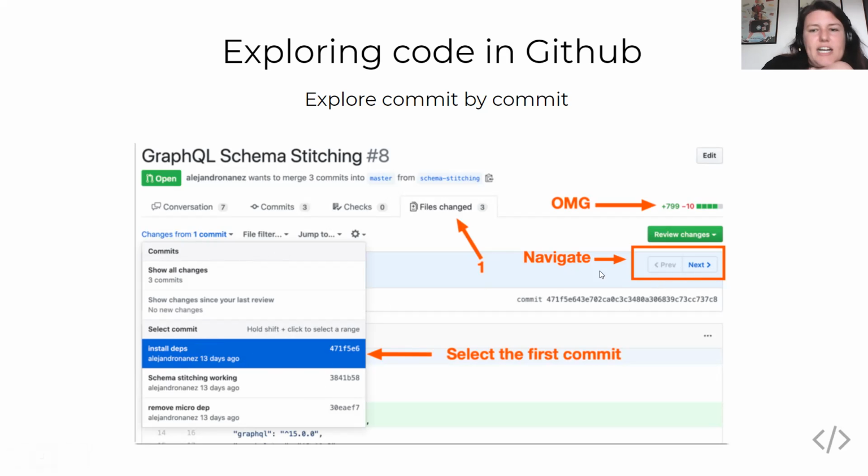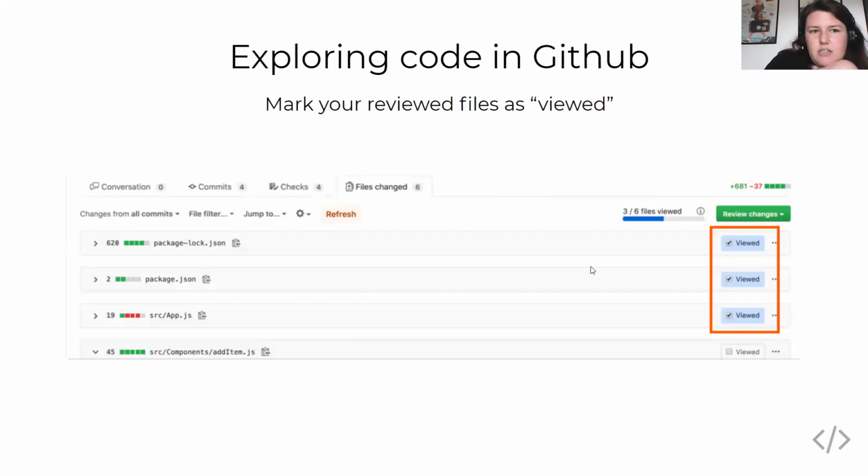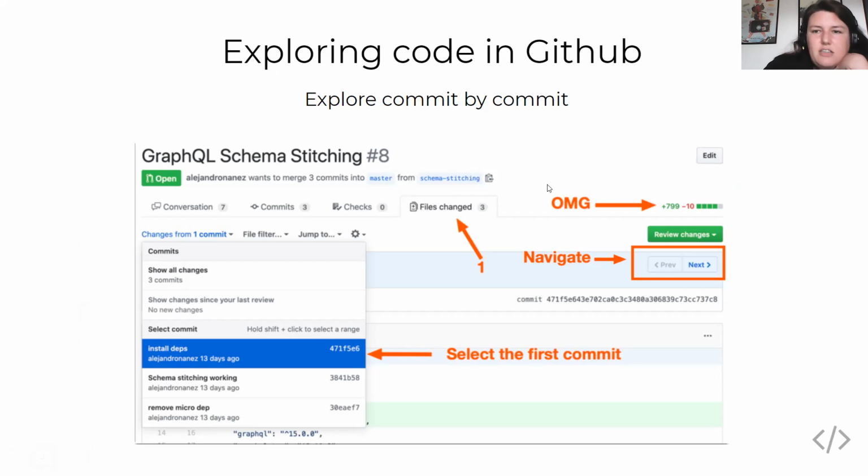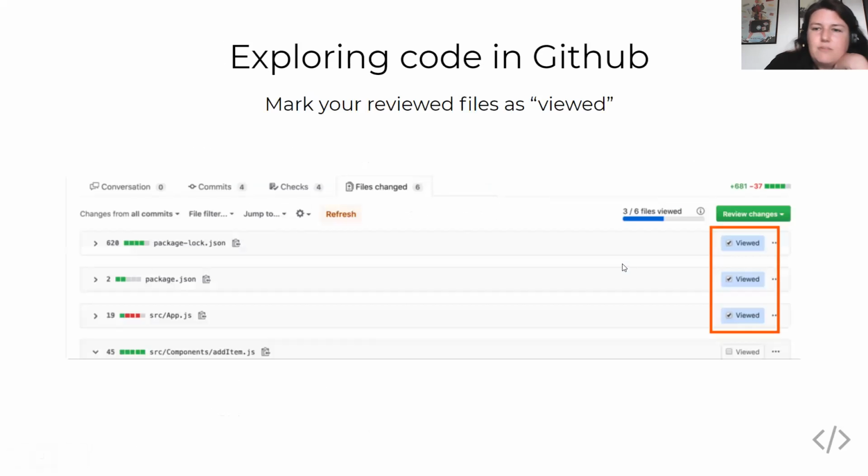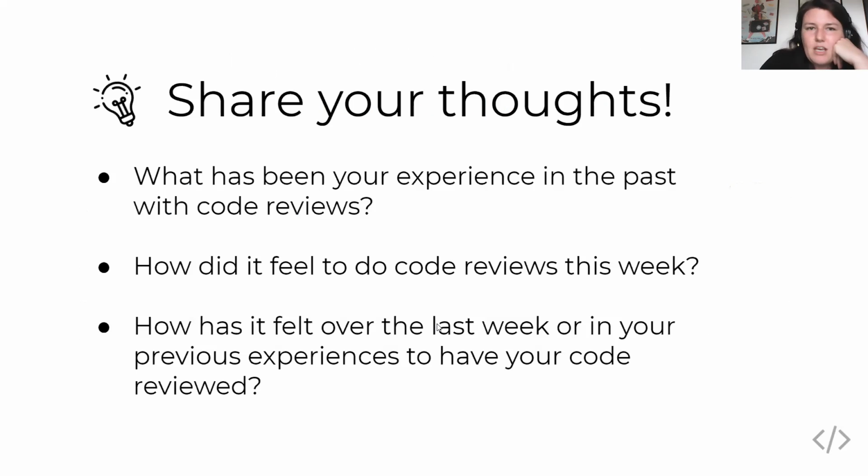I typically try to just look at it all at once and scroll down. As you scroll down, you can click on viewed, and then it hides everything that you've already viewed so that you don't have it in your line of vision.